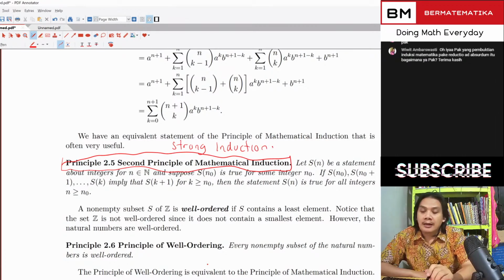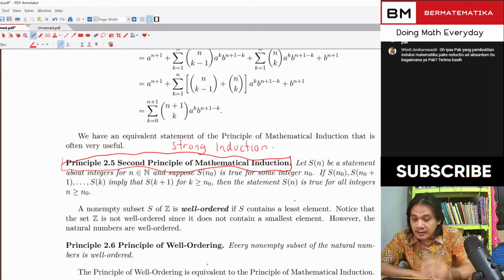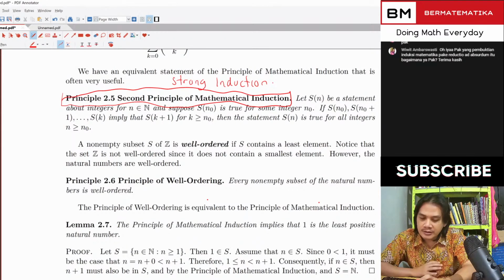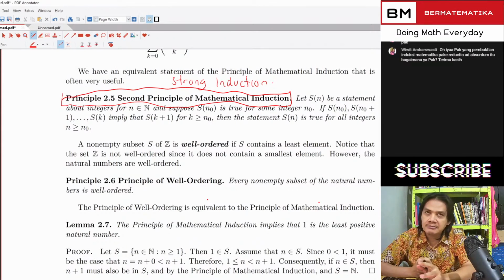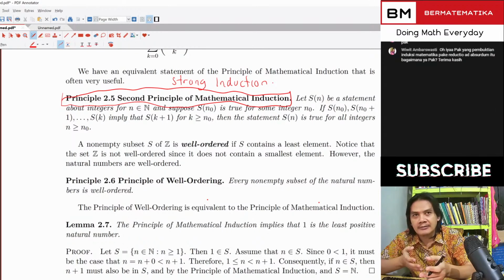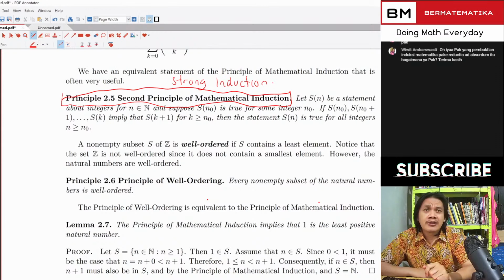Okay. And then the other thing is that this book is using the approach that induction is more obvious than the well-ordering principle. Usually in another book they use the approach that the well-ordering principle is more obvious than induction, and in that sense usually the book proves that the induction theorem holds true because of the well-ordering property of the natural numbers.